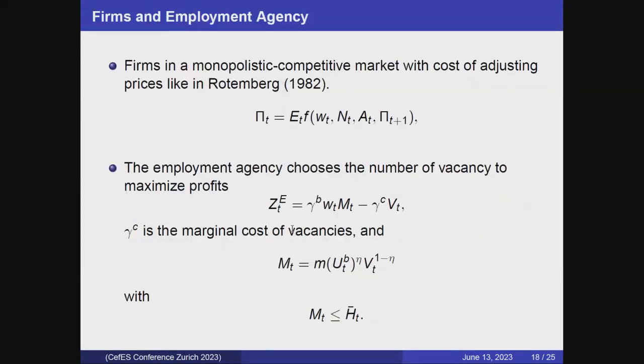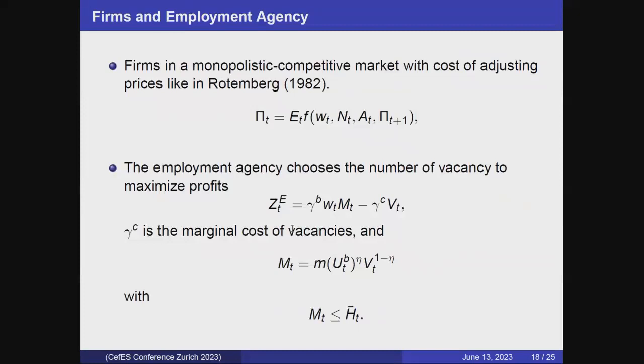And there, we're going to have a model of monopolistic competition as in Rotemberg, which is going to give a standard aggregate supply equation in which inflation is a function of the real wage, of the employment of the firms, and other factors, productivity and inflation. Okay, so I'm not going to detail that much because it's quite known.